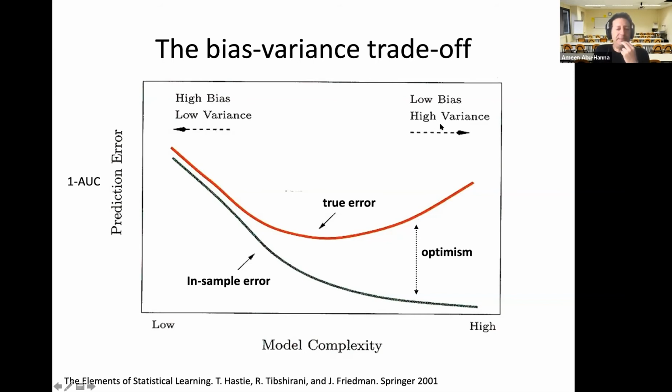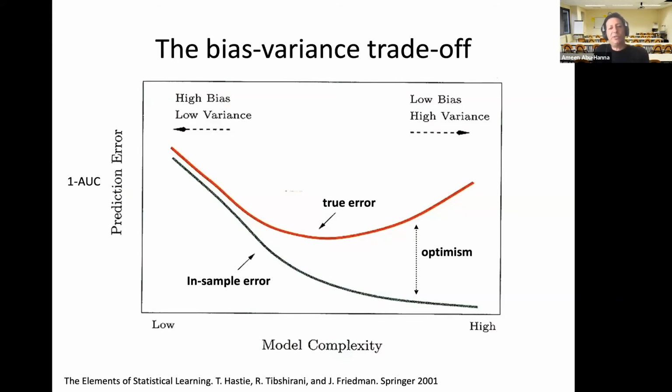So what does this mean? High bias means that you're far from the truth. So your estimates or your predictions are far from the real thing that I want to find. So the betas of your model are a bit incorrect.